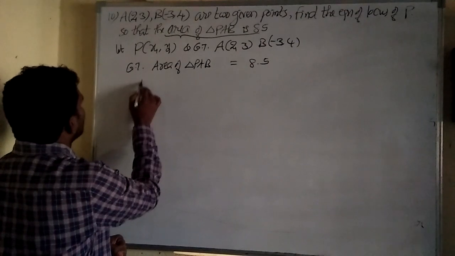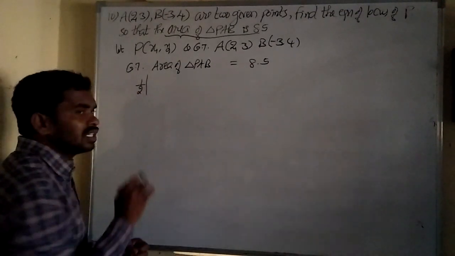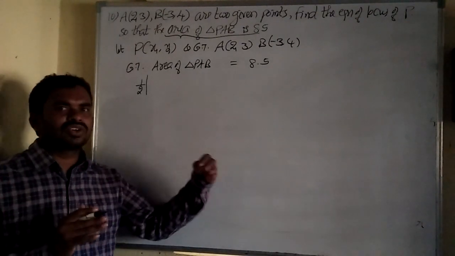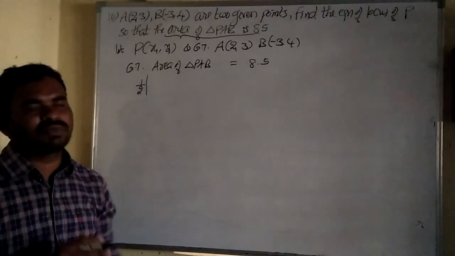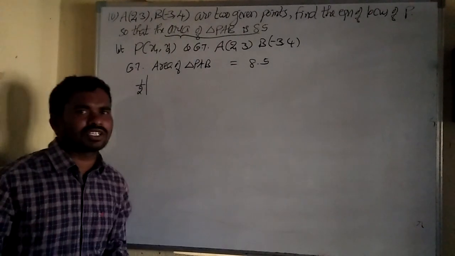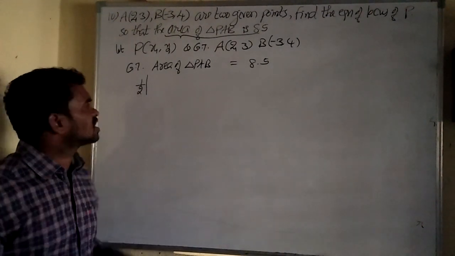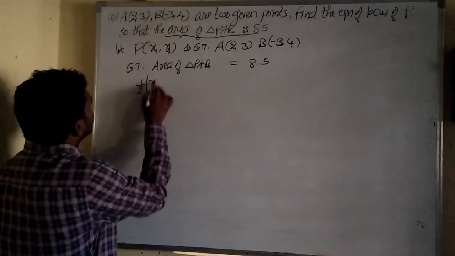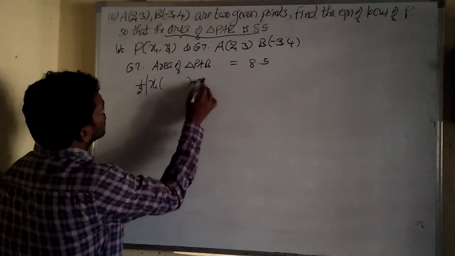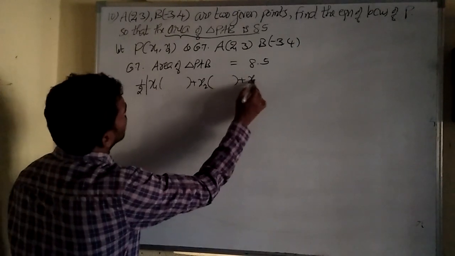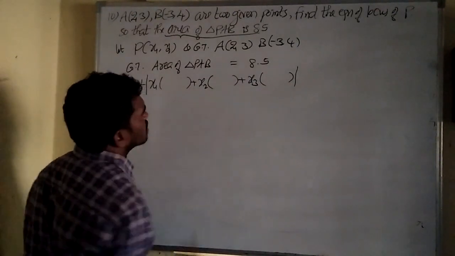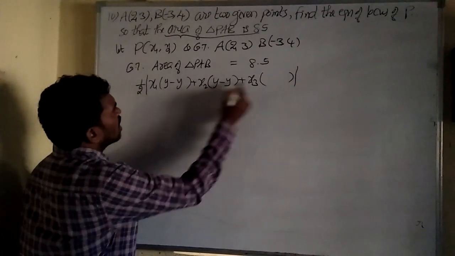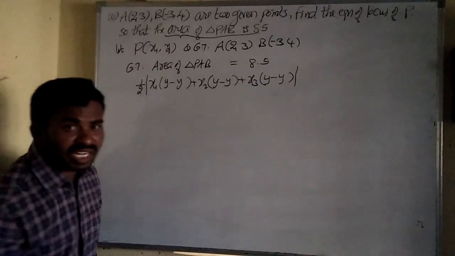Area of triangle: we have many formulas, half into base into height, or root of s into (s minus a) into (s minus b) into (s minus c), like that. But we don't need those formulas. We just remember only one formula, that is half of x1 into (y2 minus y3) plus x2 into (y3 minus y1) plus x3 into (y1 minus y2), with modulus. Why am I writing like this?